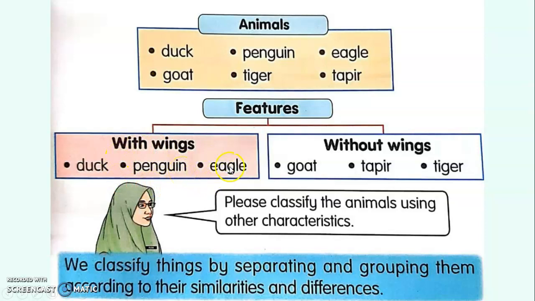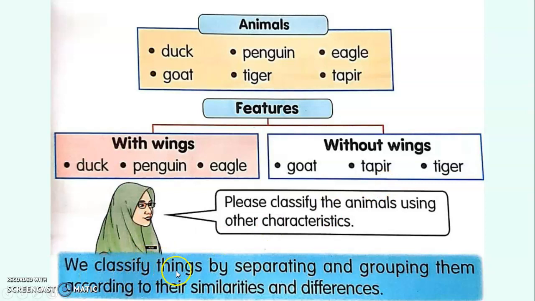Eagle also has 2 legs. Here we state the similar characteristic of these animals: animals with 2 legs. And here, animals with 4 legs. Ada 4 kaki.